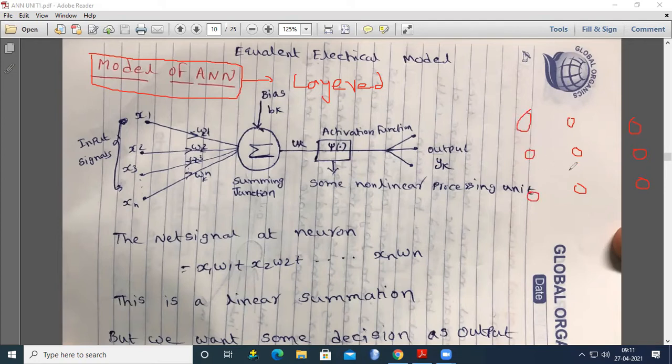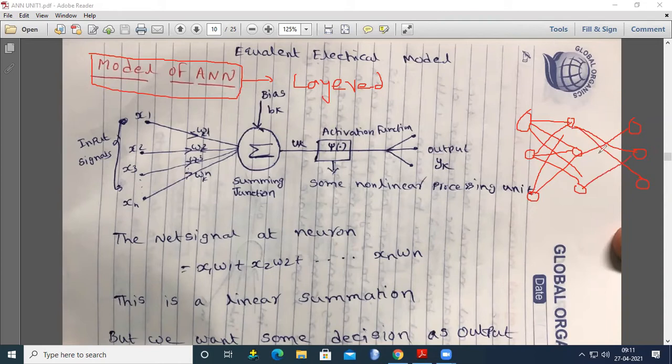So for example, these are the nodes, and they are connected to other nodes in the network like this. So these are connected with the remaining nodes.